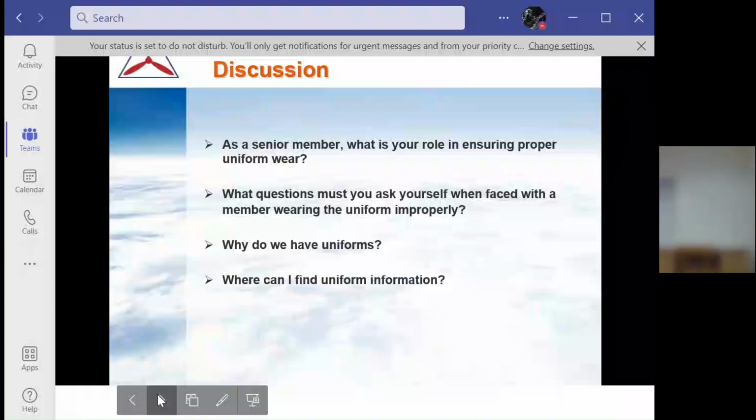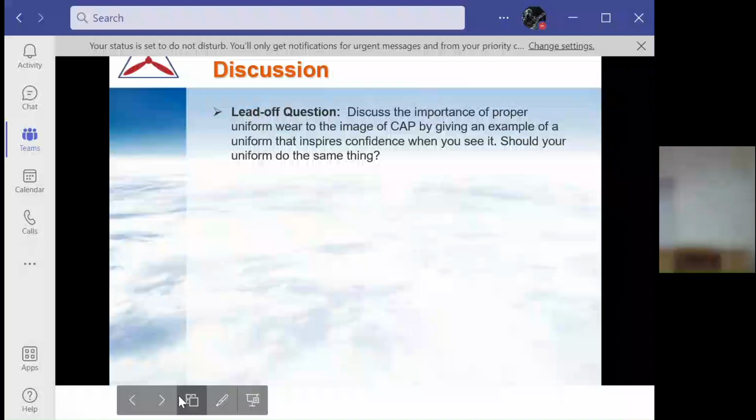So, discuss the importance of proper uniform wear to the image of CAP by giving an example of a uniform that inspires confidence when you see it. Should your uniform do the same thing? Specifically in CAP, what would the importance of a proper uniform be? Well, it shows that you have pride in the uniform, pride in the organization, and pride in yourself.